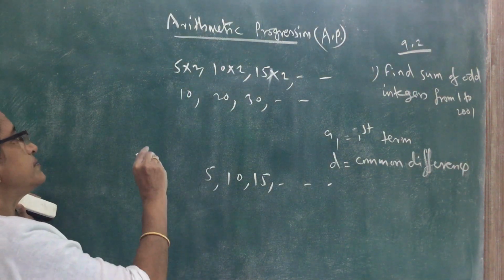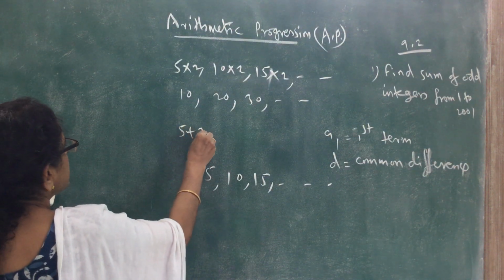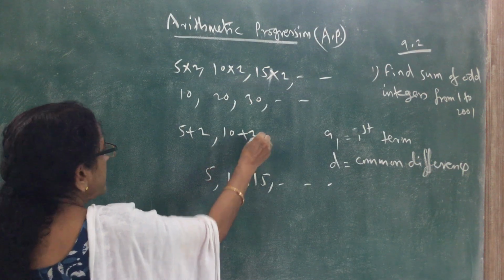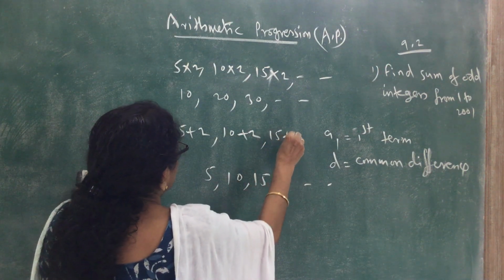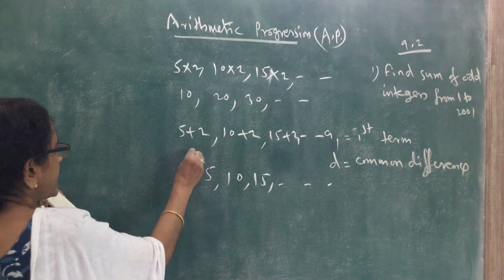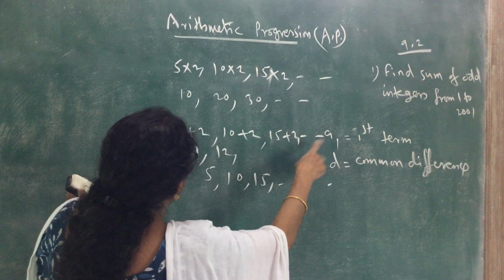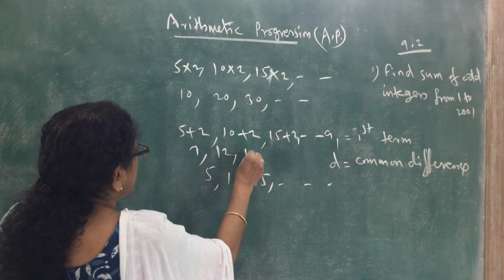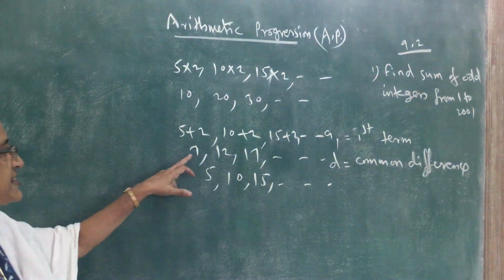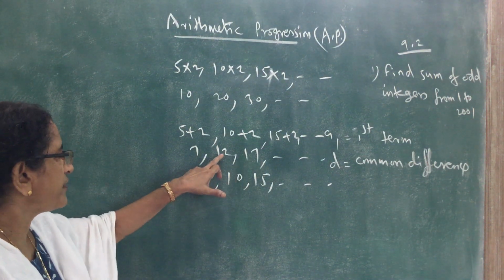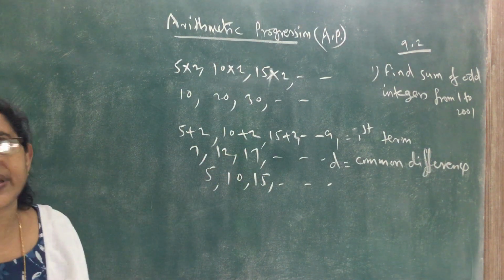Suppose you add: 5 plus 2, 10 plus 2, 15 plus 2, etc. So 5 plus 2 is 7, 10 plus 2 is 12, 15 plus 2 is 17, etc. So that is also an arithmetic progression: 7, 12, 17. 12 minus 7 is 5, 17 minus 12 is 5.